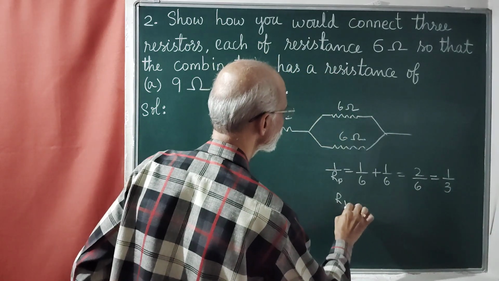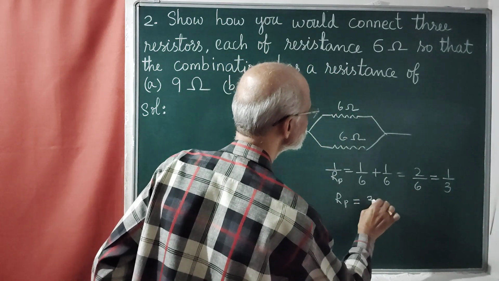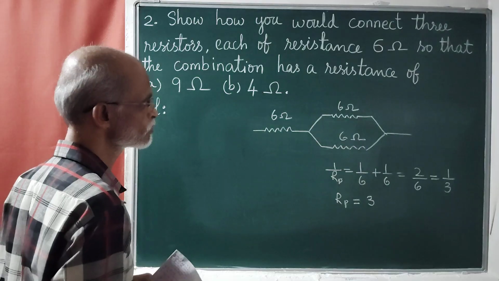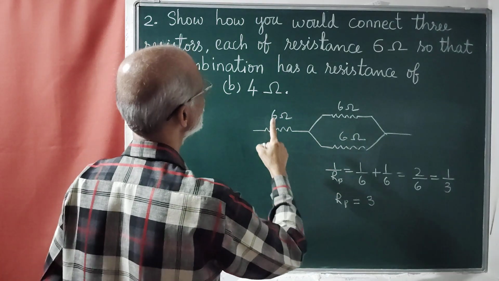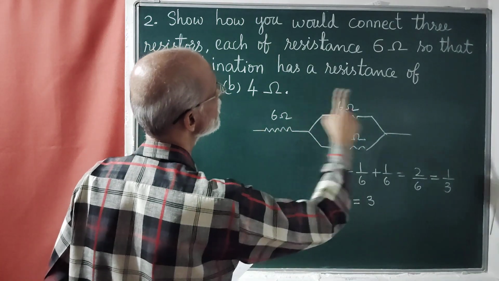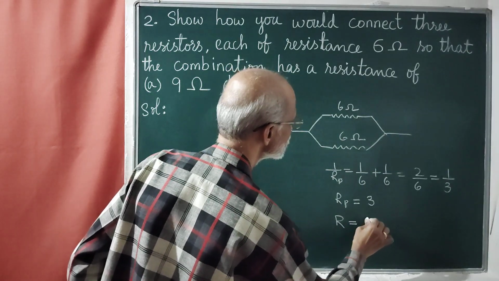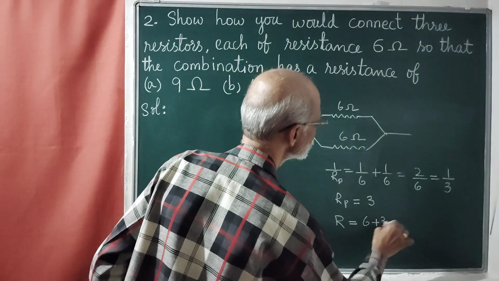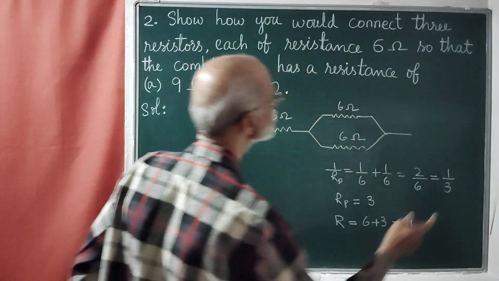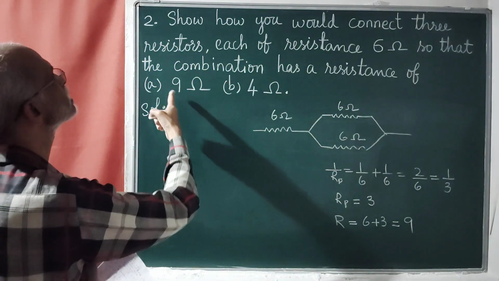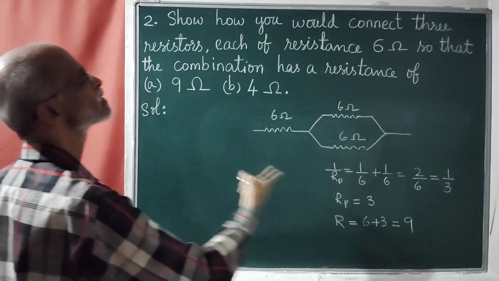So Rp will be equal to 3 ohms. So again the resistance of the combination will be 6 plus 3, that's equal to 9. Yes. So we are getting the first required resistance.